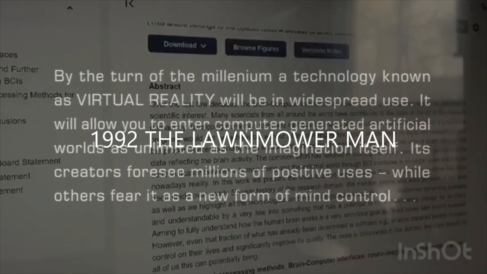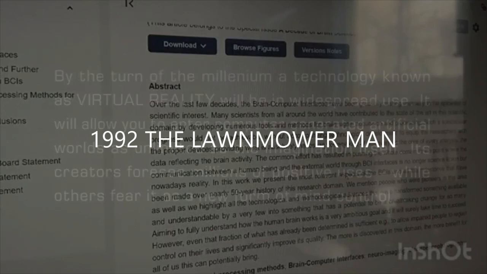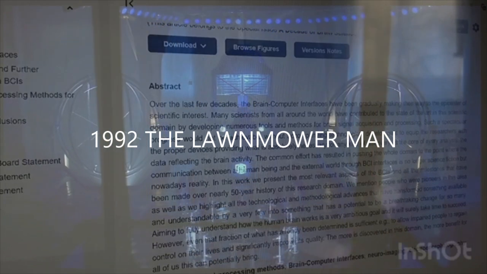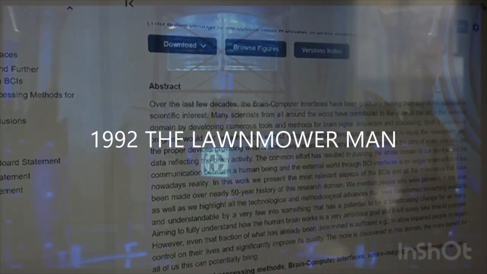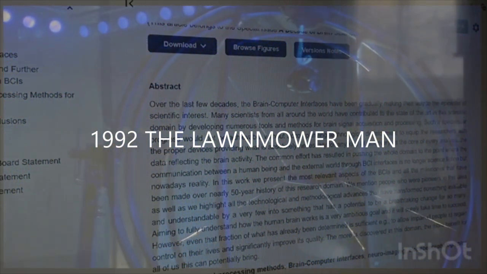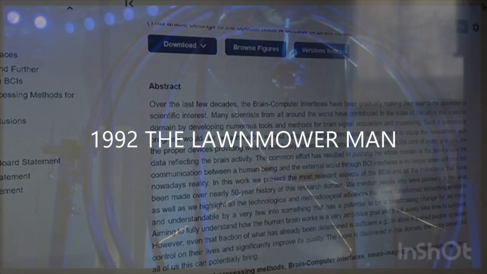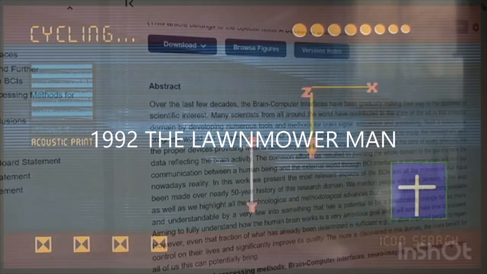2021. Over the last few decades, the brain-computer interfaces have been gradually making their way to the epicenter of scientific interest. Many scientists from all around the world have contributed to the state-of-the-art in this scientific domain by developing numerous tools and methods for brain signal acquisition and processing.